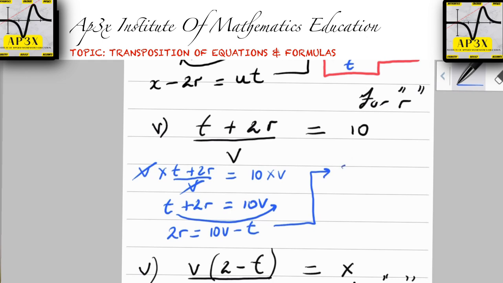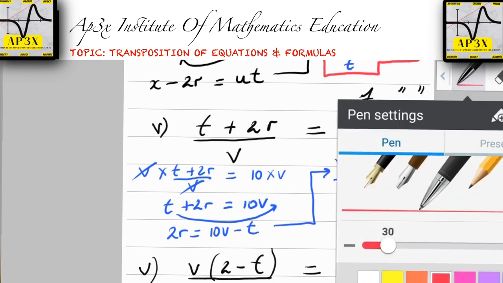We end up with 2r divided by, of course, 2 because I'm looking for r, and that's going to be equal to (10v - t) divided by 2. Cancel the 2s. I end up with r being equal to (10v - t)/2. And that there gives our final answer.